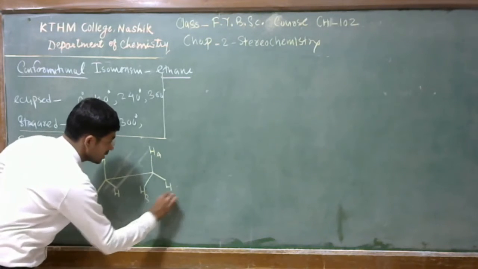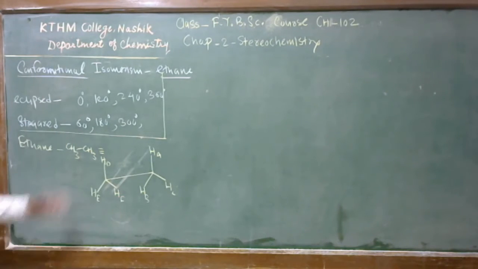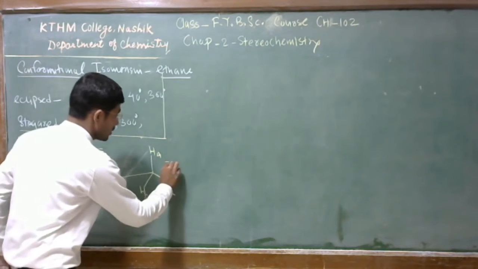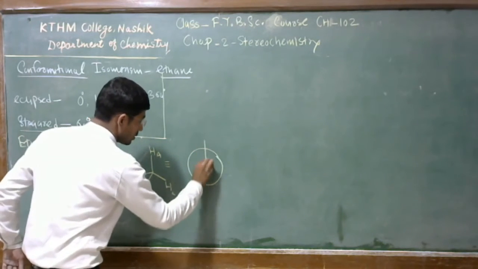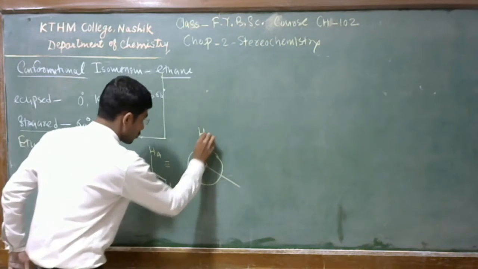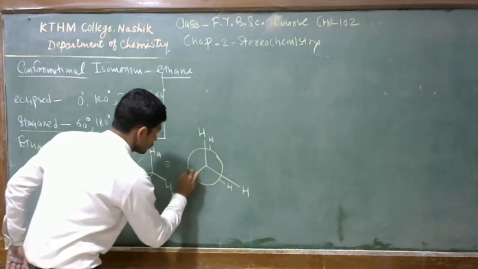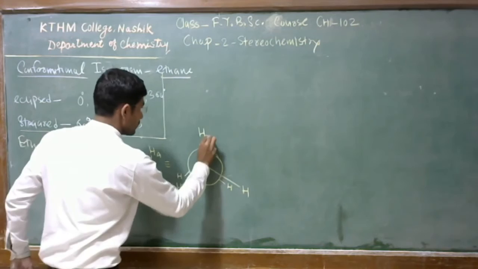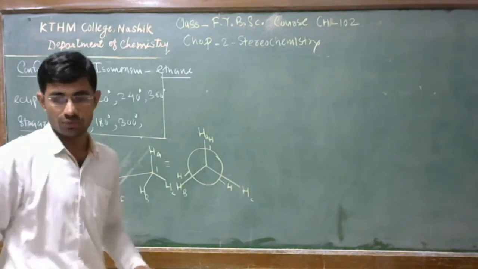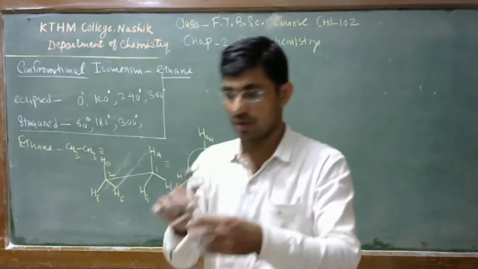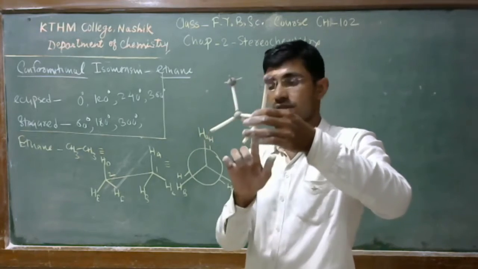This is HA, HB and HC on carbon 1, the front carbon, and the back carbon 2 has HD, HE and HF.